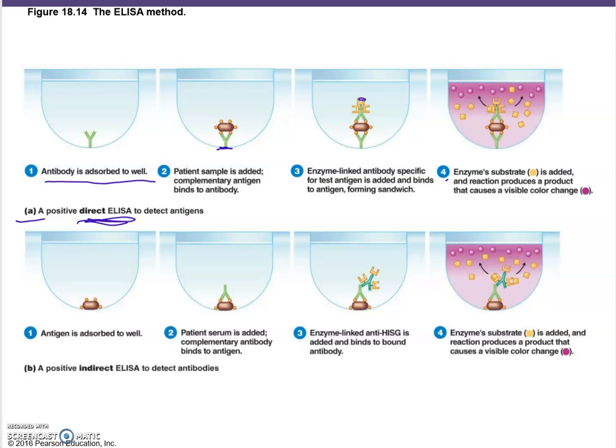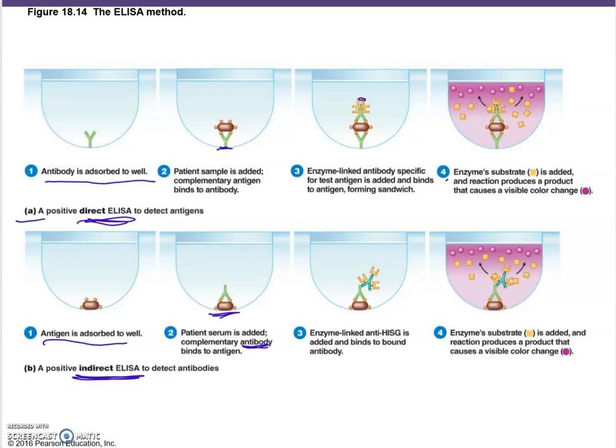In the indirect ELISA test, indirect right here, the antigen is absorbed into the well. So for example with HIV testing, we're absorbing the antigen into the well, and then the patient serum is added, and if the patient serum has the antibody, so let's say somebody was exposed to HIV, they formed the antibody, now they have antibody in the serum, and the antibody will now find the antigen that was coated in the well.